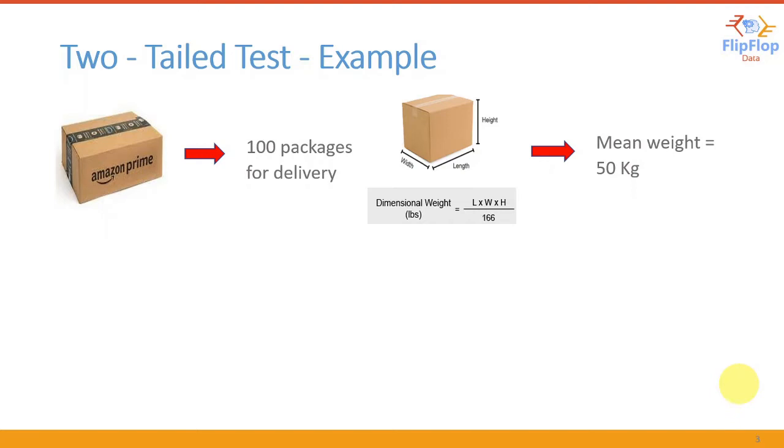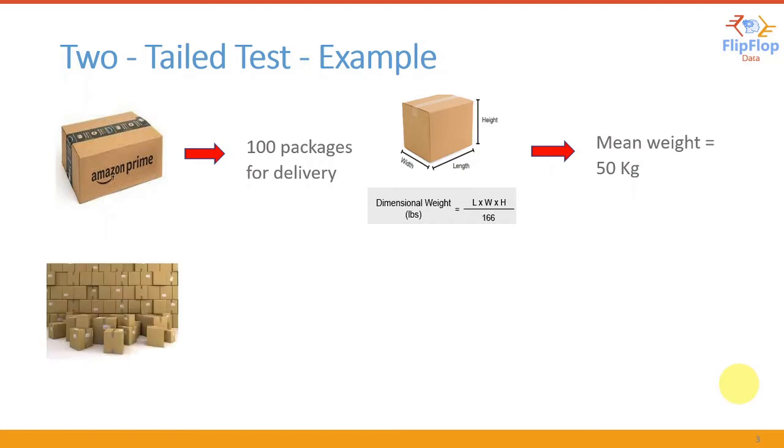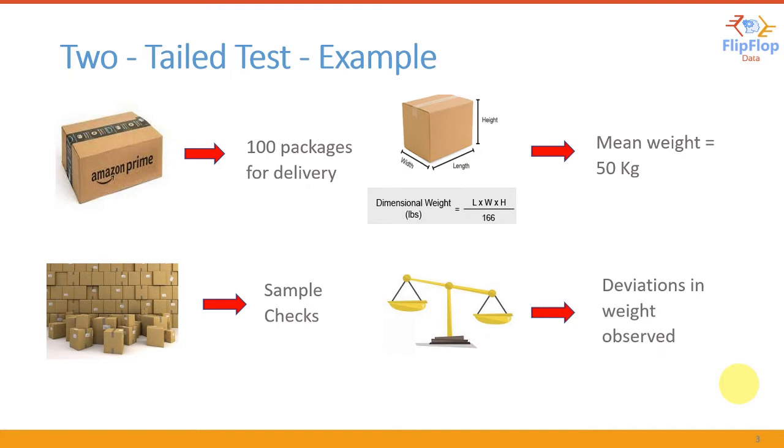Then the company decides to consider a few packages as a sample to check the mentioned weight. But based on the sample, it is noted that there are some deviations in the weight. So in this case, how do we postulate our hypothesis to find out its truth or falsity? Let's see that.